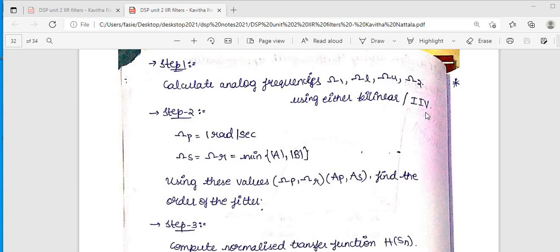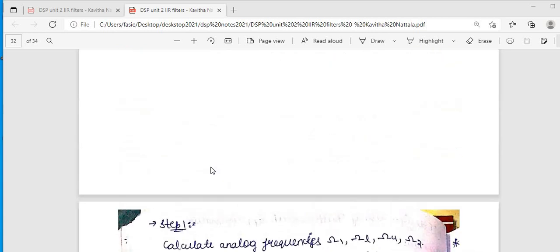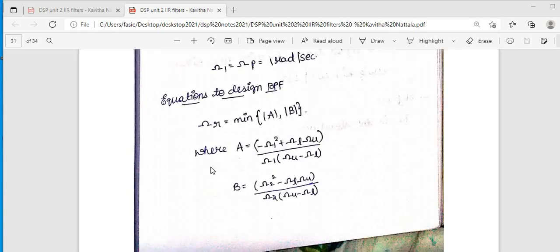Next thing, step 2, we always have to assume omega p is equal to 1 radian per second. We have to find the relative omega s. How do we get the relative frequency for that? Relative frequency is the minimum of A and B, where A is minus omega 1 square plus omega L into omega U, divided by omega 1 into (omega U minus omega L). If you want to find B, it is omega 2 square minus omega L into omega U, over omega 2 into (omega U minus omega L).